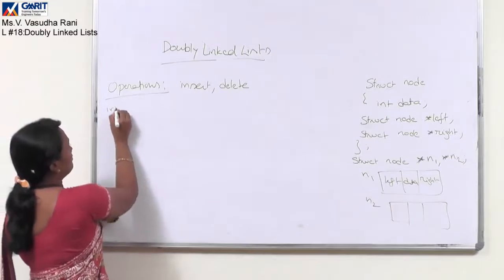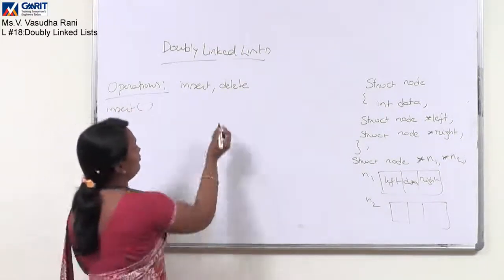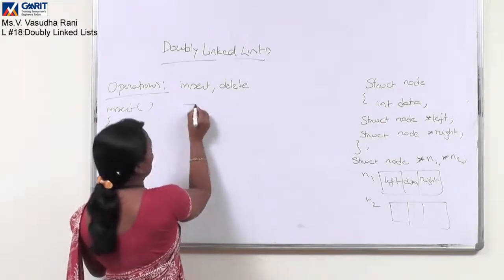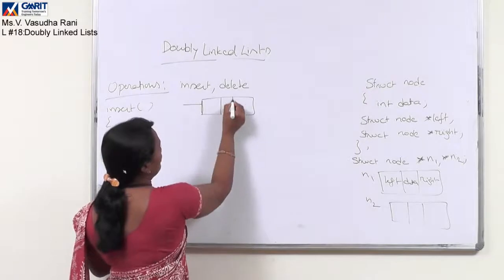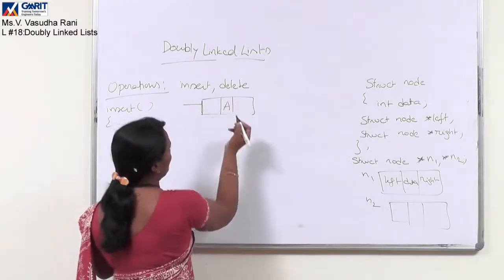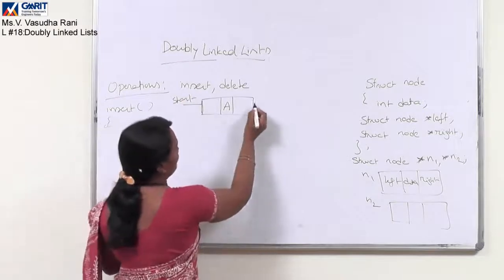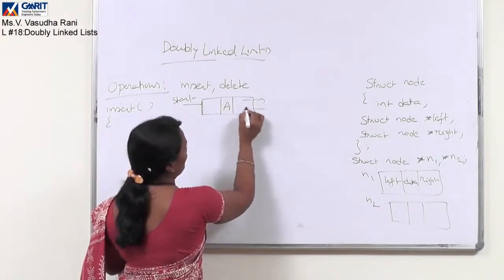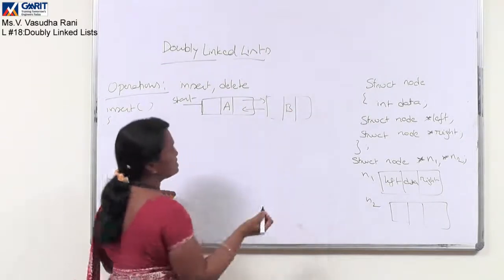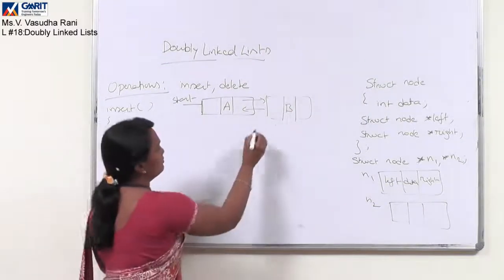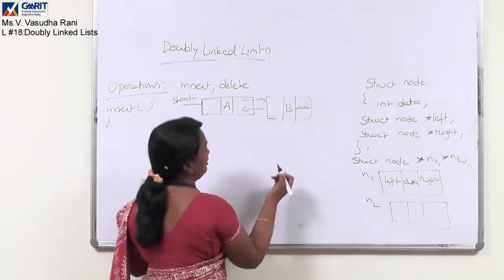Now coming to your insert operation. We have our start pointer, and assume that there are already two nodes in the list and B's right is null.